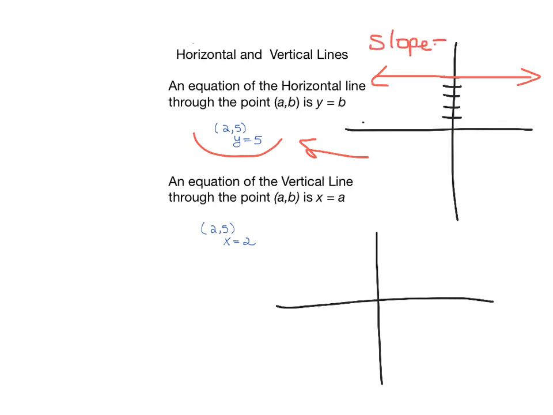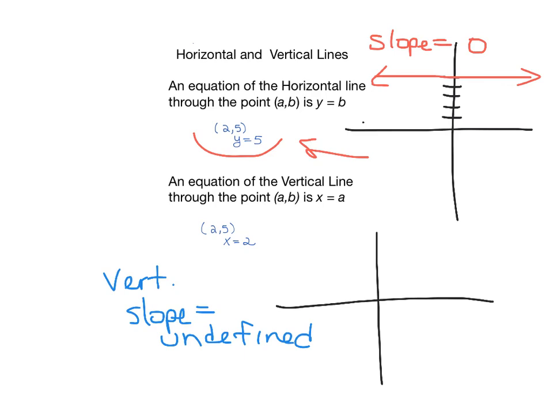I told you guys to memorize this on Friday. Then the vertical lines have a slope that is undefined. And I told everybody on Friday that you could think of these first 3 letters as up and down. U-N-D, up and down.